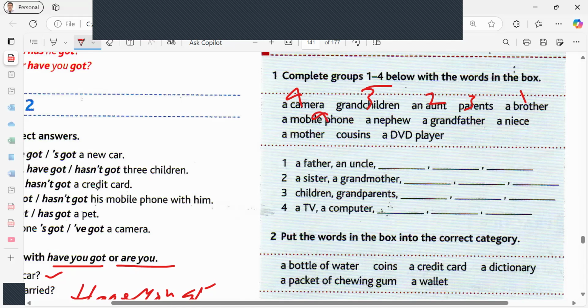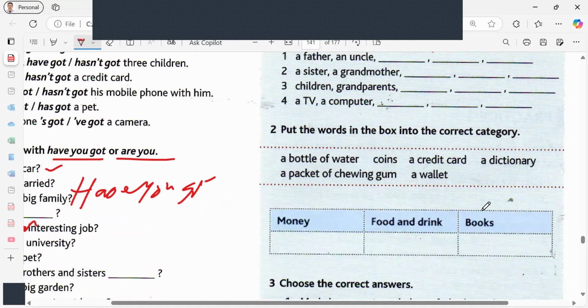A nephew goes with 1. A grandfather, also 1. A niece goes with number 2. Mother, also number 2. Cousins, number 3. A DVD player, number 4. Perfect. Let me clap for you. Excellent, Jude.